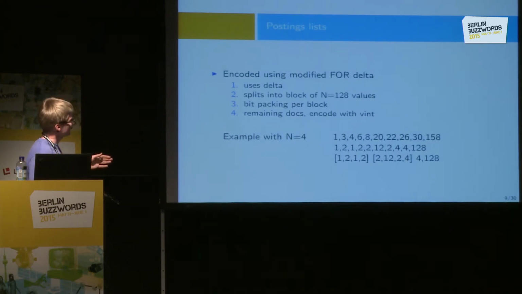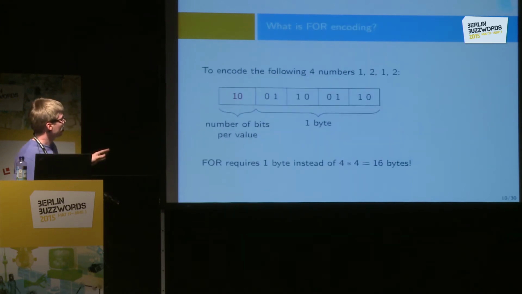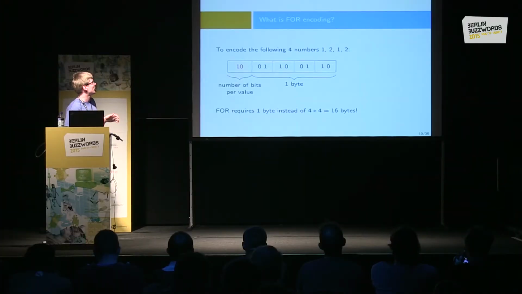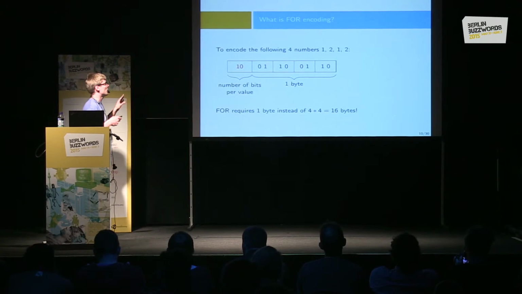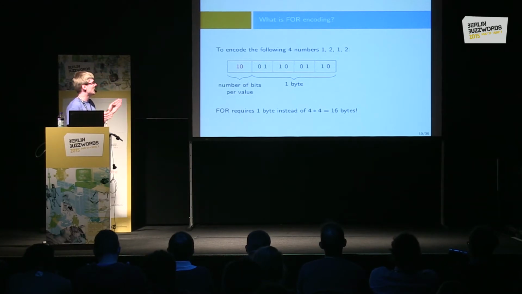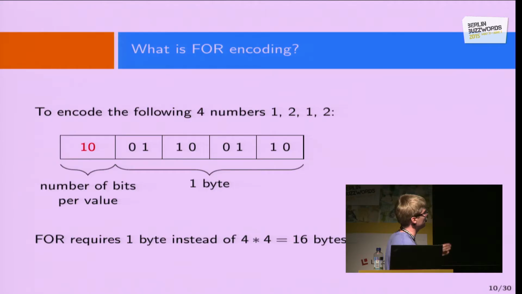Today I am trying to explain how PFOR works. For example, we need to encode the following 4 numbers: 1, 2, 1, 2. First of all, we need to find the maximum value and calculate how many bits are required to encode this value.